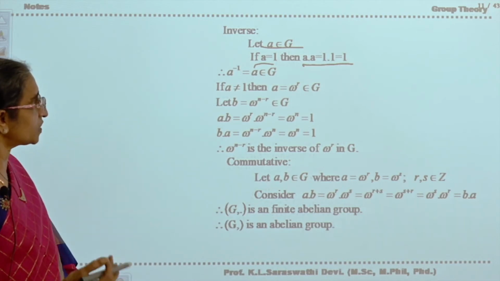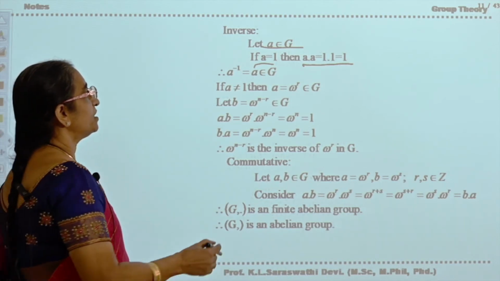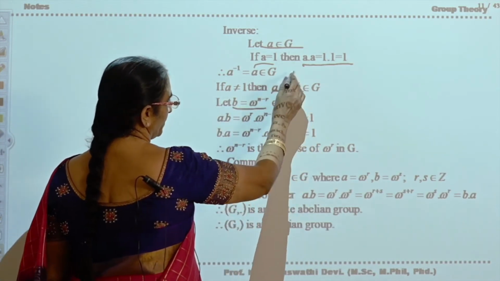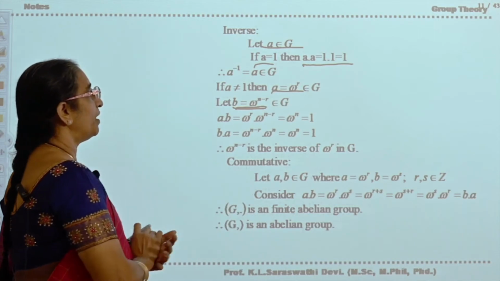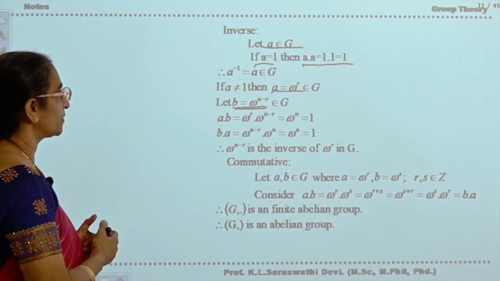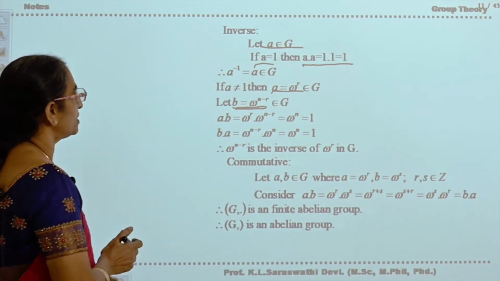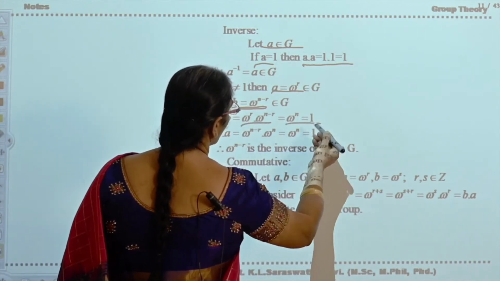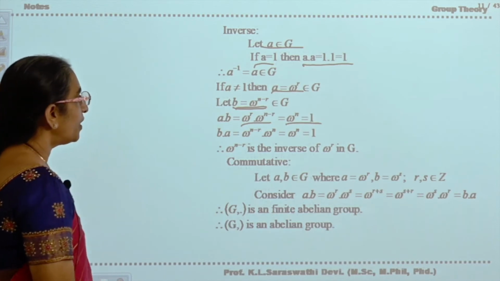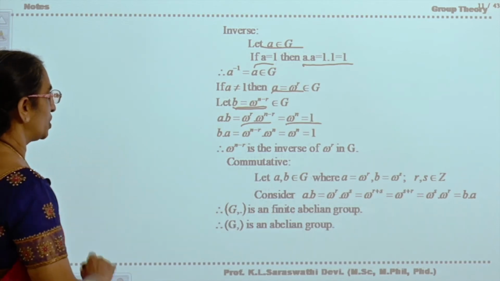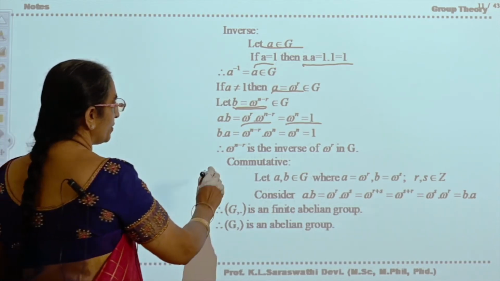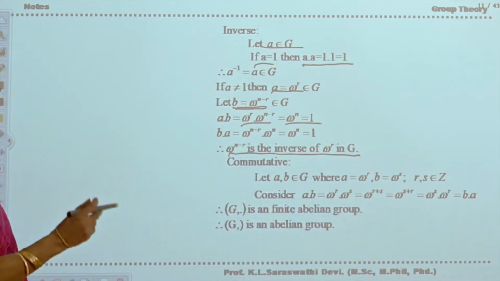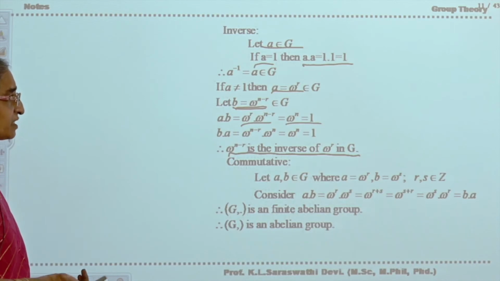Now if a is not equal to 1, take a equal to omega power r and b equal to omega power n minus r, which also belongs to G. Now a dot b is omega power r into omega power n minus r, which is omega power n, equal to 1. Also a dot b is equal to b dot a. Therefore, omega power n minus r is the inverse of omega power r. Therefore, for every element the inverse exists.